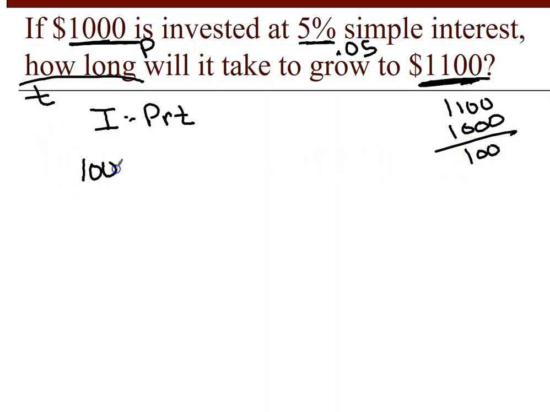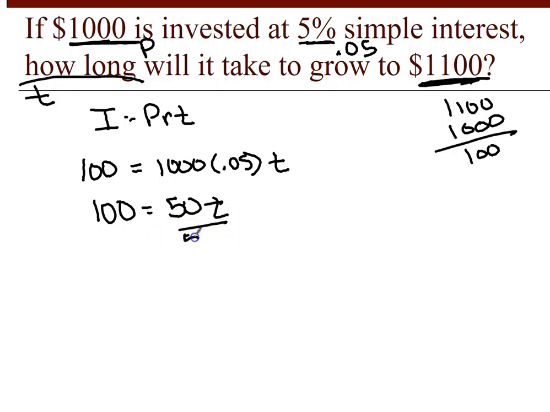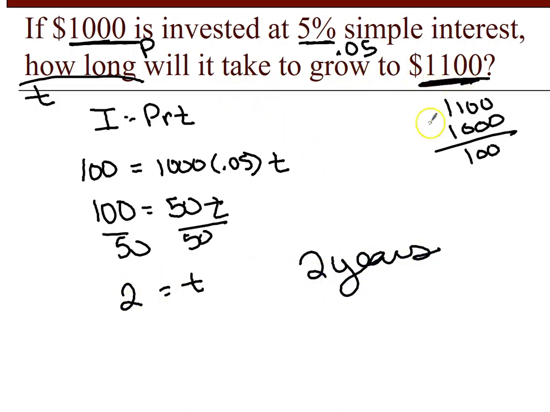So I is the 100, P is 1,000, R is 0.05 times T. And that gives you 50, divided. So T equals 2. So it would take 2 years for it to grow to $1,100.